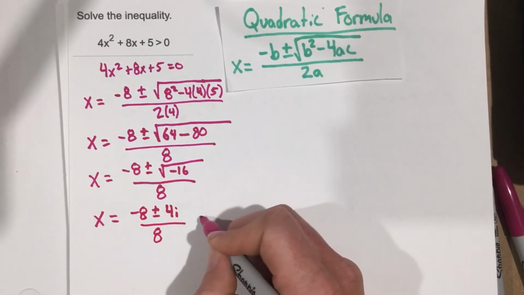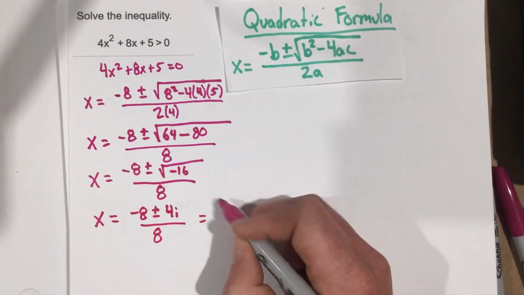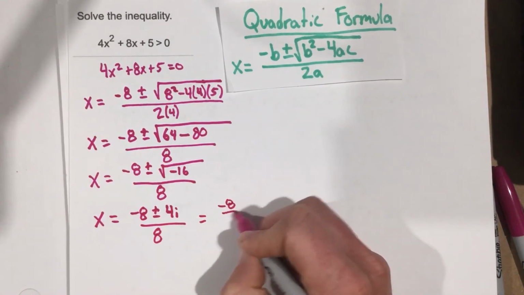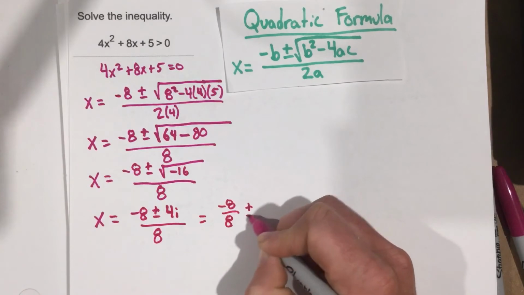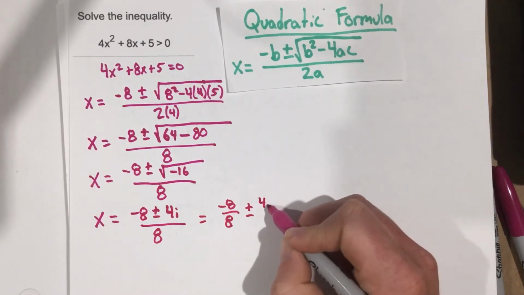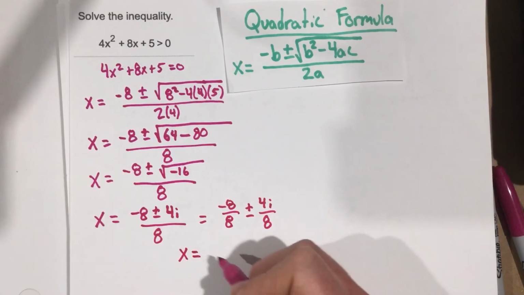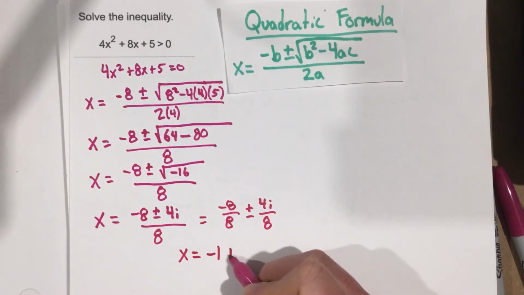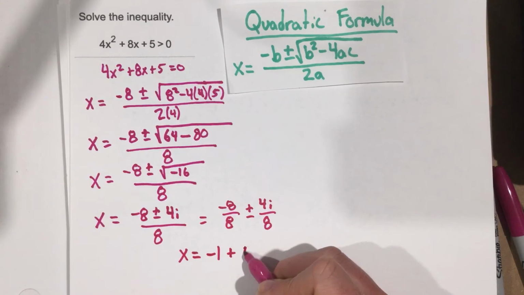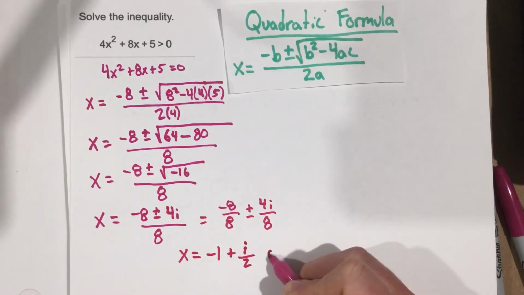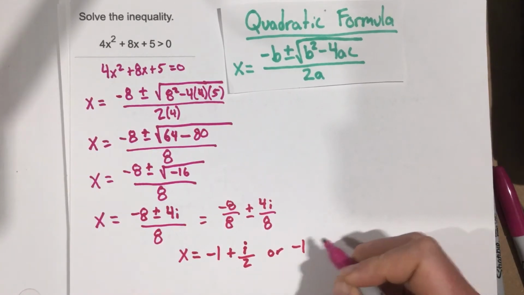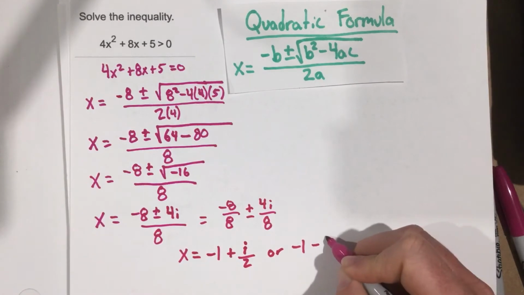So I end up with negative 8 over 8 plus and minus 4i over 8. So I get x equals negative 1 plus i over 2, or negative 1 minus i over 2.